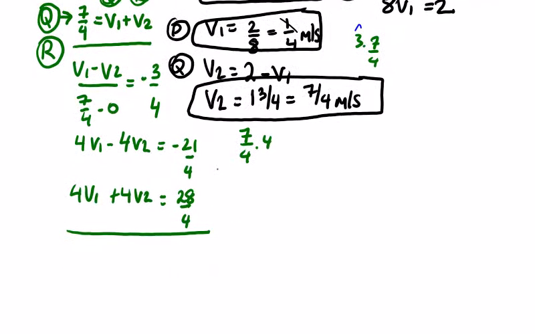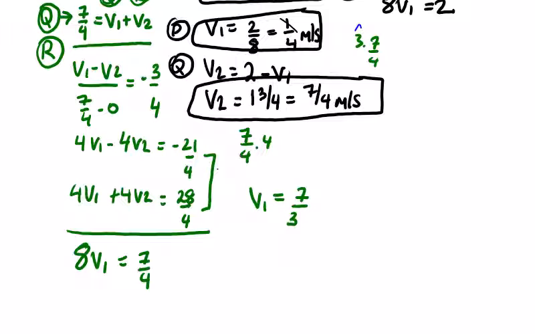Adding these two together, we get 8v1 is equal to 7 over 4. So v1 is going to be equal to 7 over 32.